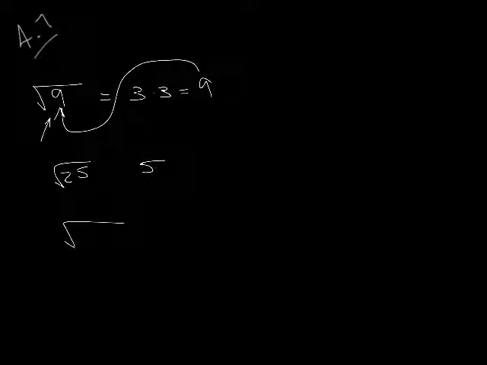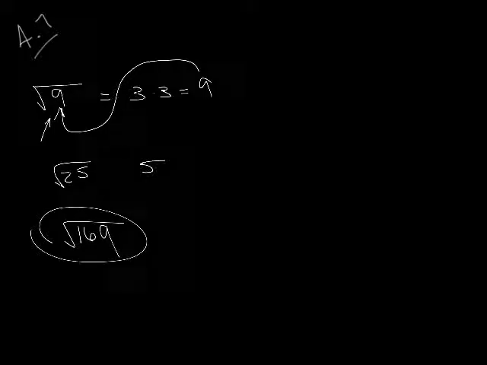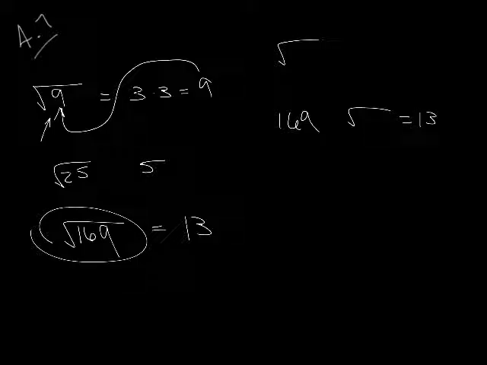You get things like 169. The square root of 169 is what number multiplied by itself gives me 169, and that's 13. And you will have a button on your calculator that looks like that. You just put in 169, push that button, and you get 13 for your answer. Like I say, it undoes an exponent.